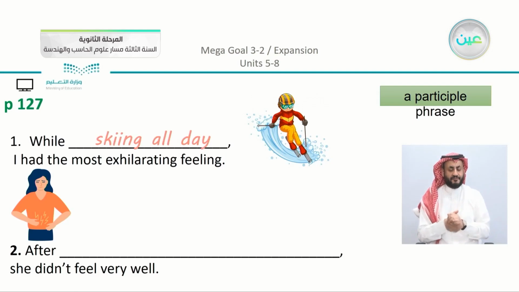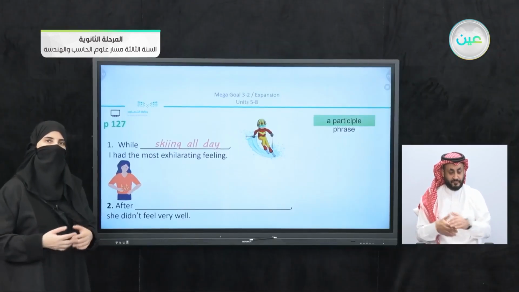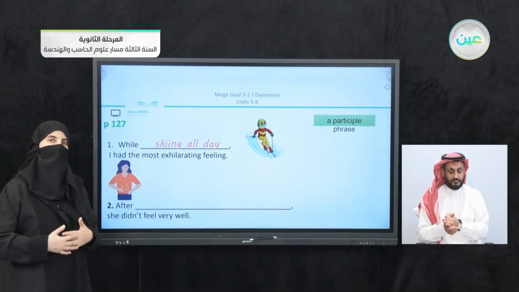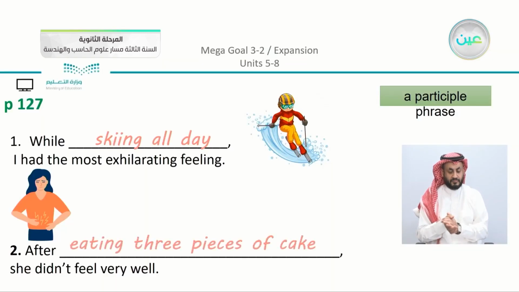Number 2, after blank, she didn't feel very well. So how can you apply the participle phrase? After, she doesn't feel well. She has pain in her stomach, or she has a stomach ache. We can say that after eating 3 pieces of cake, for example. You can say after eating junk food or eating all day. So it's different as you choose.